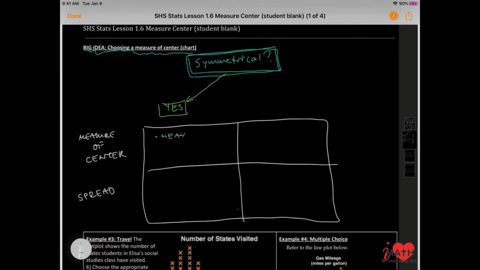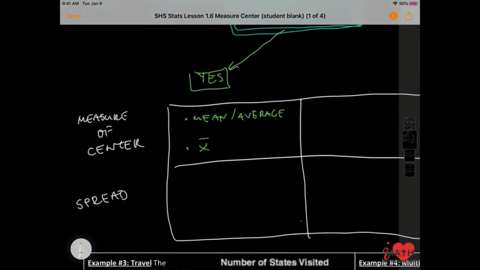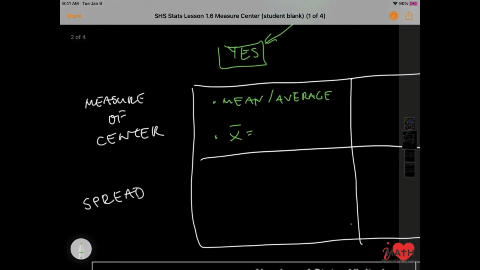And another word for the mean is, back in your early days, they call that the average. The formula for that is x bar, the summation of all your numbers. So symbols are important. Summation, that's what that backwards E stands for. It just means add all the numbers up, and then you basically divide it by n, which is the number of items in your list.